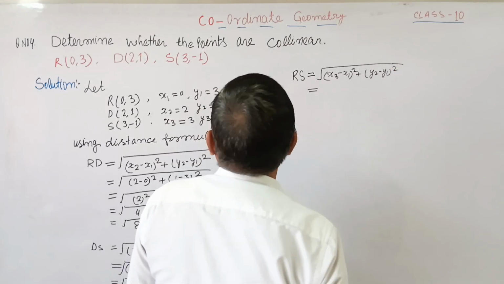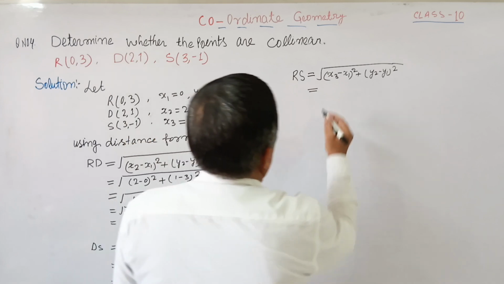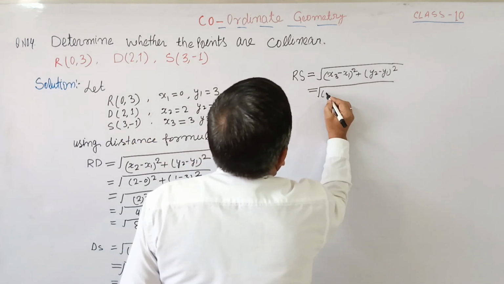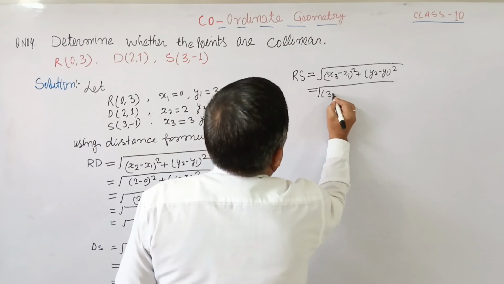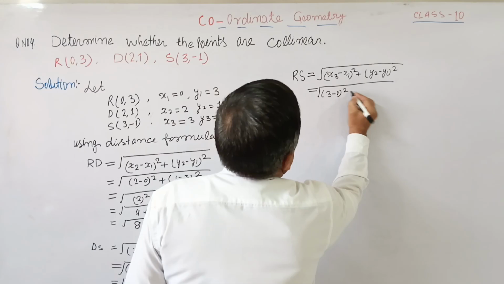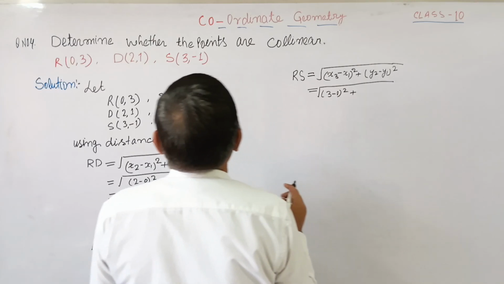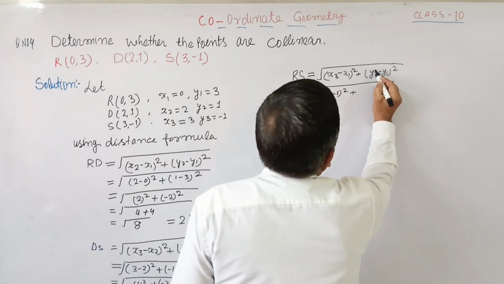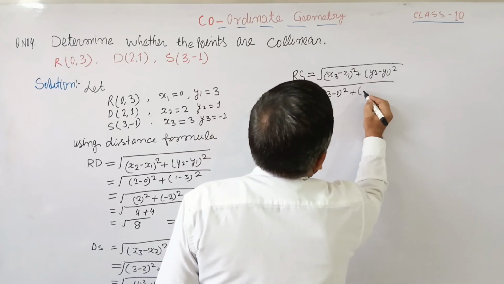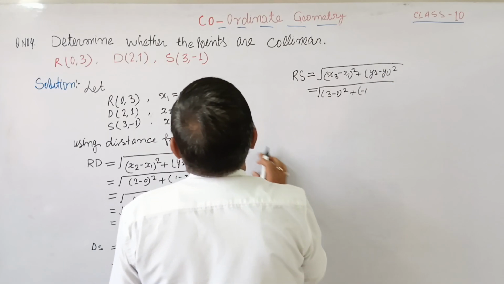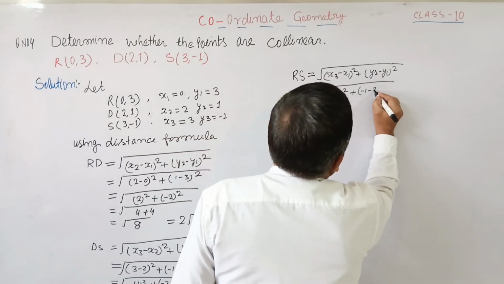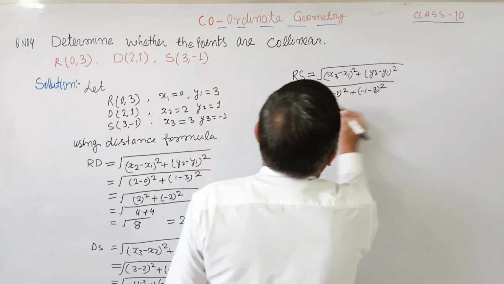So x3 is 3, and we put the respective values: 3 minus x1 which is 0 square, plus y3 minus y1, so y3 is minus 1 and y1 is 3, whole square.